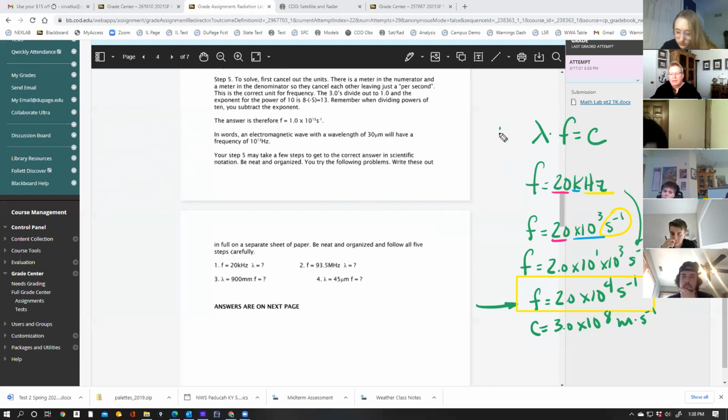So step 1, step 2. Now step 3, what is step 3? Isolate the unknown. So which of these is unknown? Well, I know F, I know C. The only one that's unknown is lambda. So I'm going to go and say step 3 is lambda is equal to C over F.